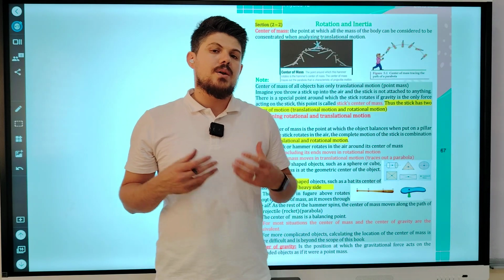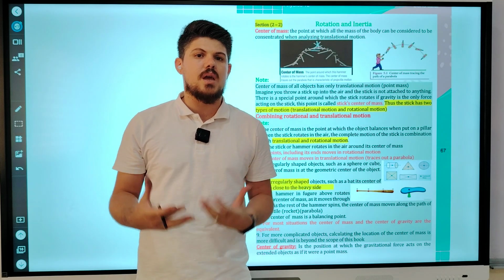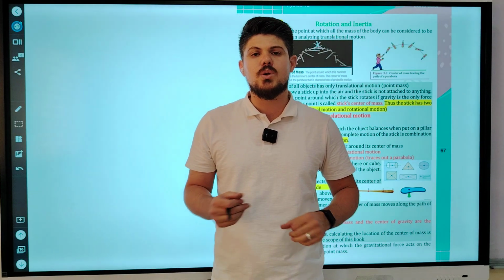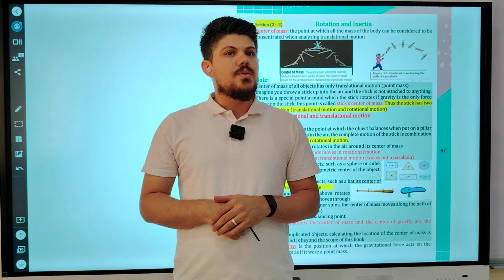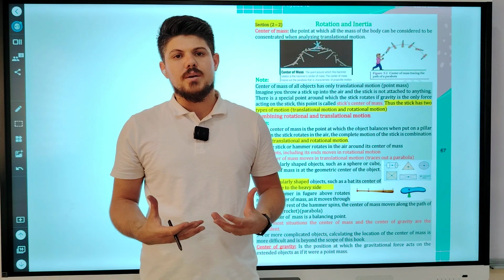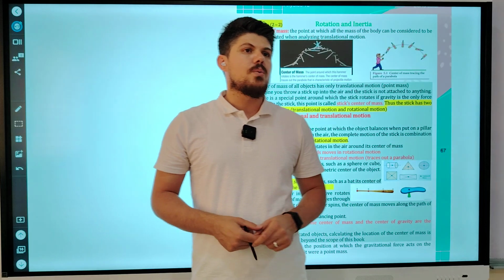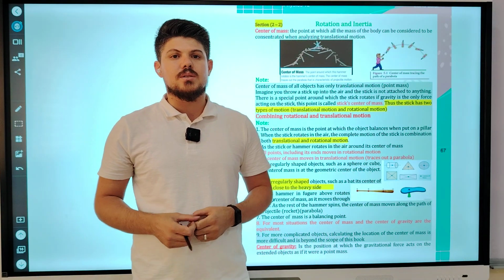Also, inertia is the tendency of an object to preserve its state in motion or at rest. What do you mean by that? As you learned in grade 11, an object with heavier mass has more inertia. Why? Because when the object has more mass, it preserves its state at rest.